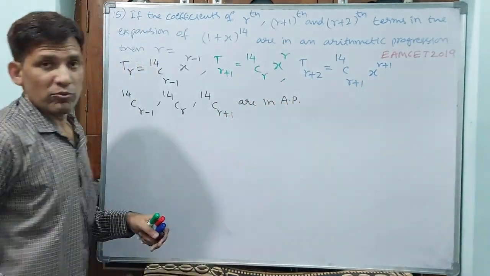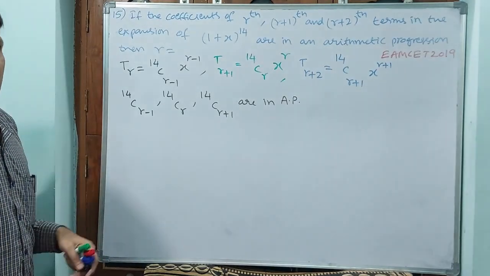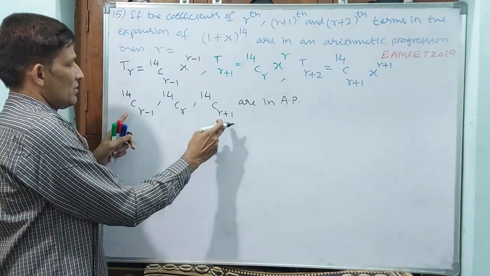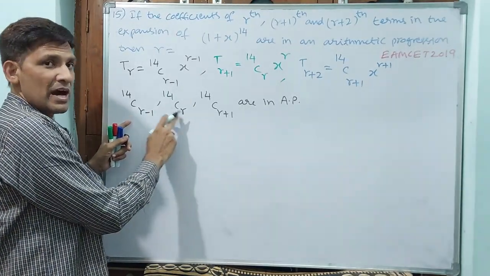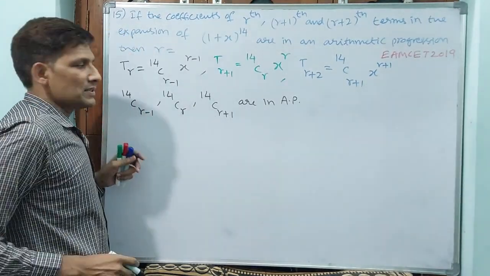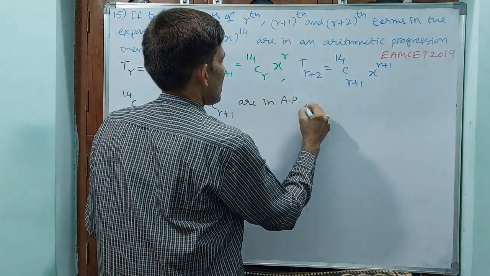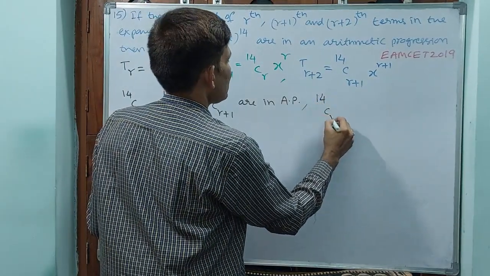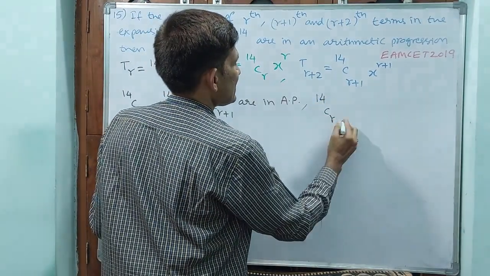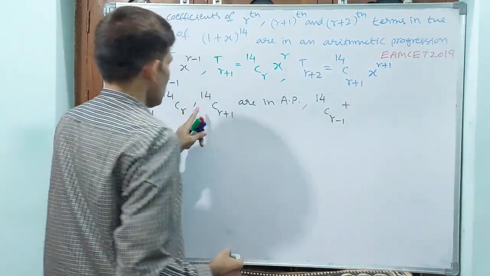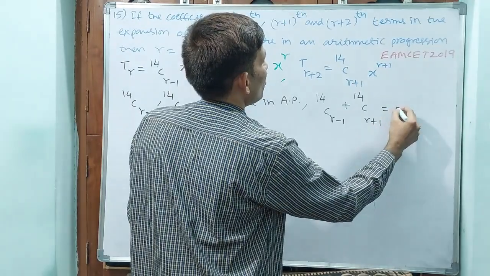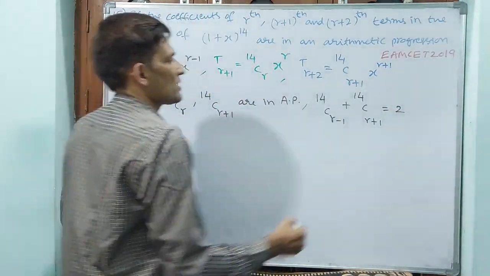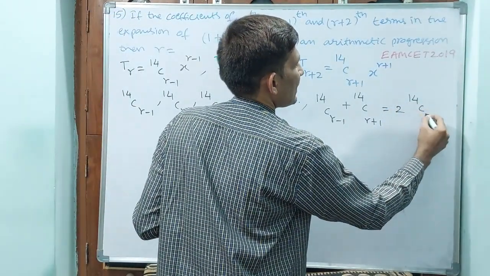AP means arithmetic progression. If these are in AP, what will be there? (A+C)/2 is equal to B, or else A+C is equal to 2B. Write down: 14 C (r−1) plus 14 C (r+1) is equal to 2 times the center one, 14 C r.